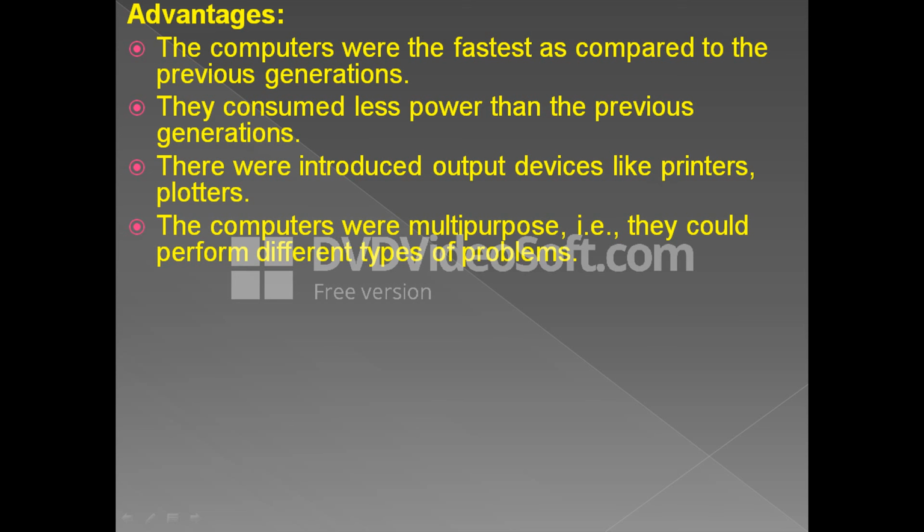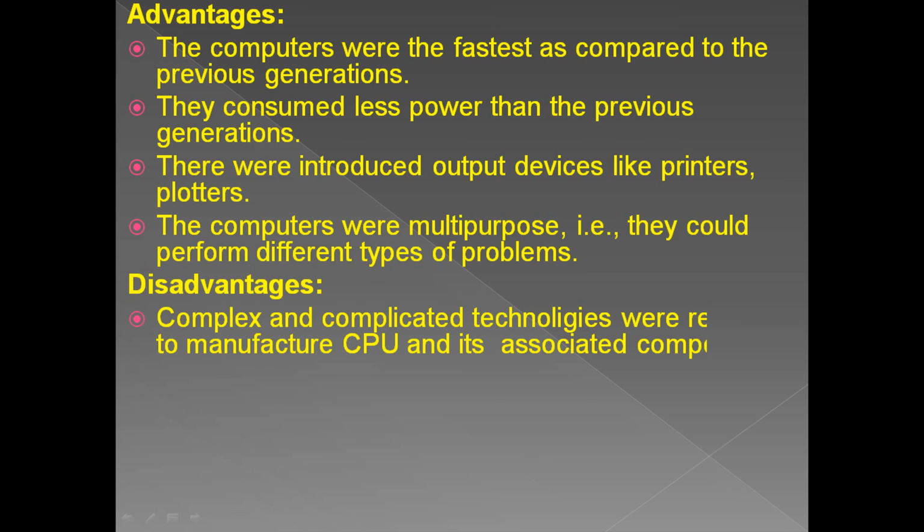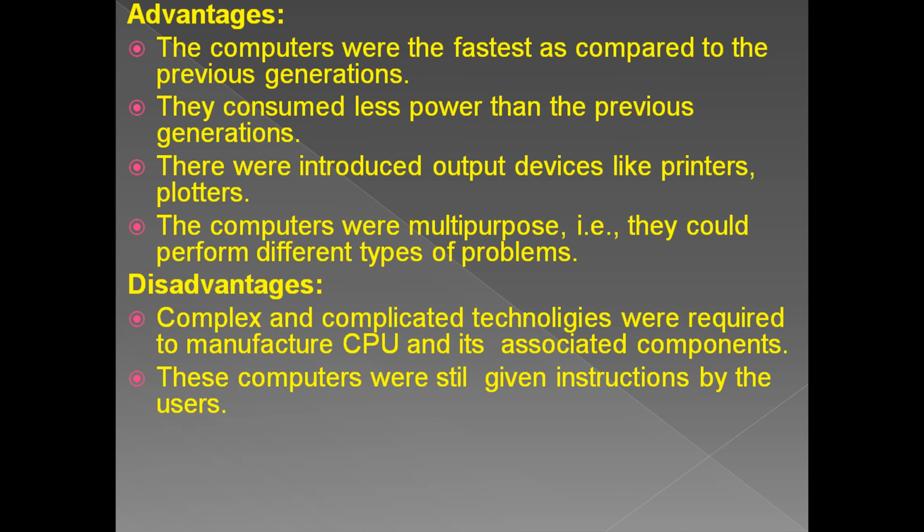Disadvantages: complex and complicated technologies were required to manufacture the CPU, that means VLSI and LSI circuits. It was complex technology with its associated components. The computers were still given instructions by users. So these are some advantages and disadvantages of the fourth generation of computers.